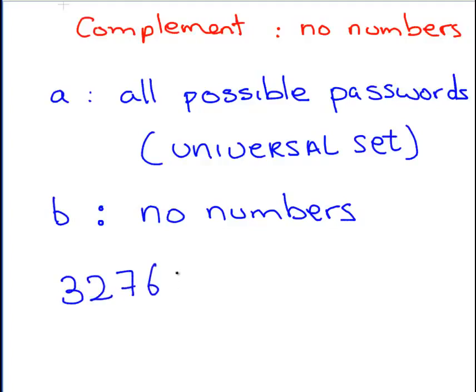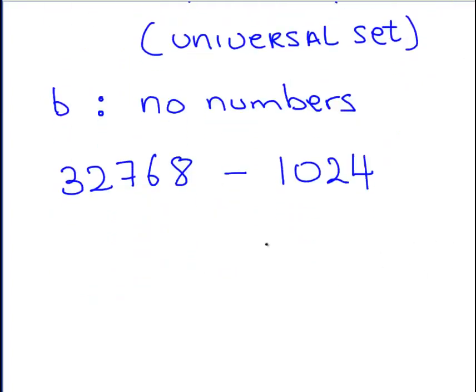So this is the answer from part A, 32,768, minus the number of passwords with no numbers, which is 1,024, and this gives us 31,744.